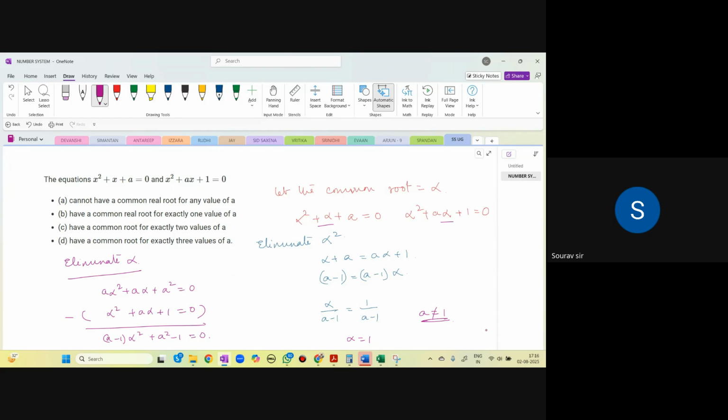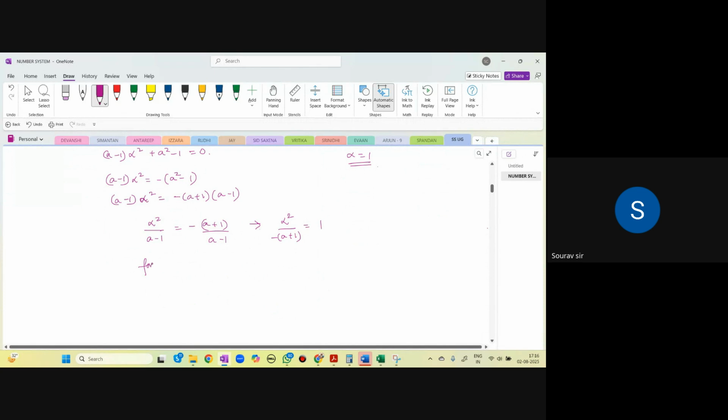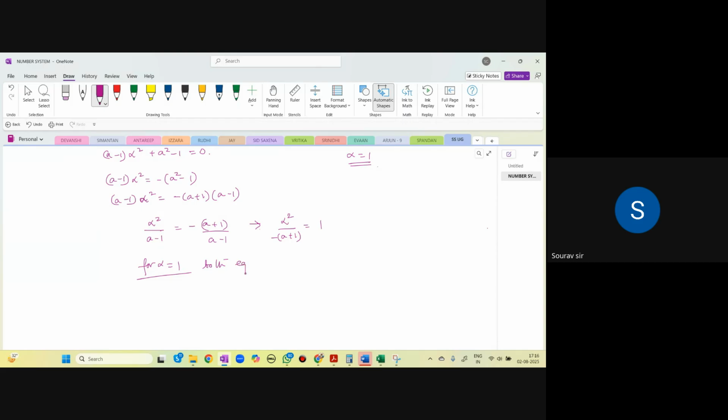For alpha equal to 1, both equations give a plus 2 equal to 0, which means a is minus 2. There.